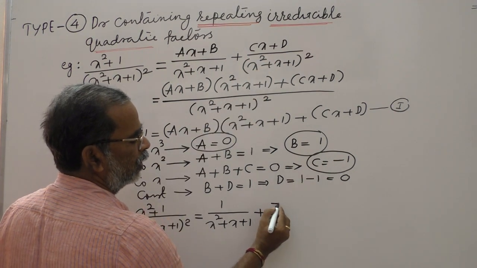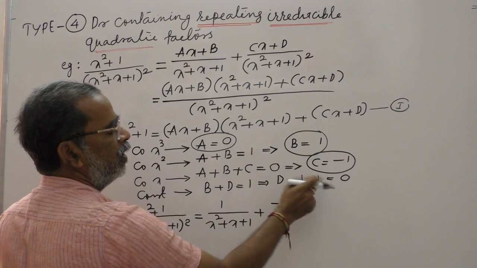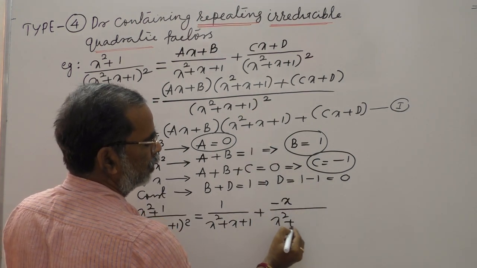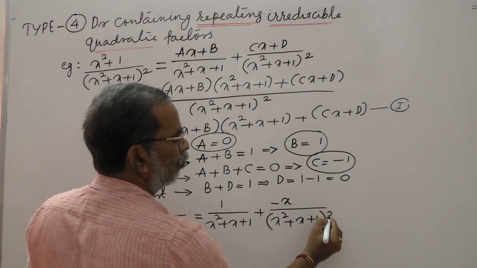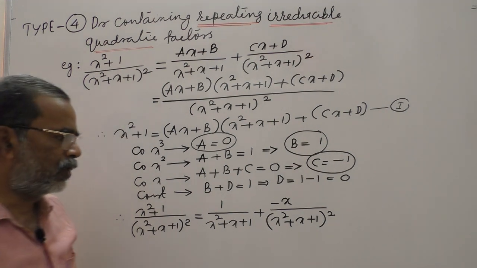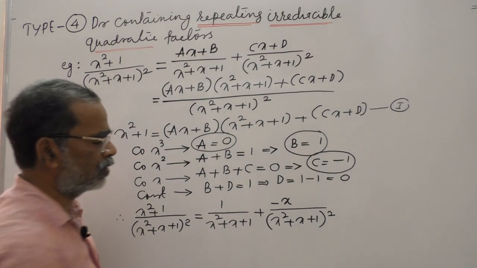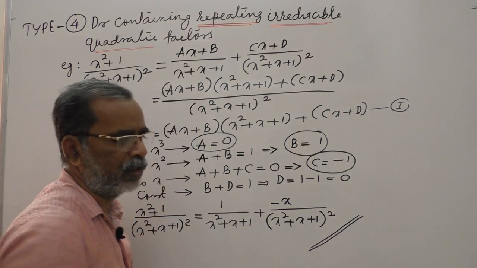C is minus 1, no? Therefore minus 1 into x plus d. D is 0 divided by x square plus x plus 1 whole square. These are the partial fractions. You can write minus here, no problem, plus into minus, minus. So these are the partial fractions of the given rational fraction.